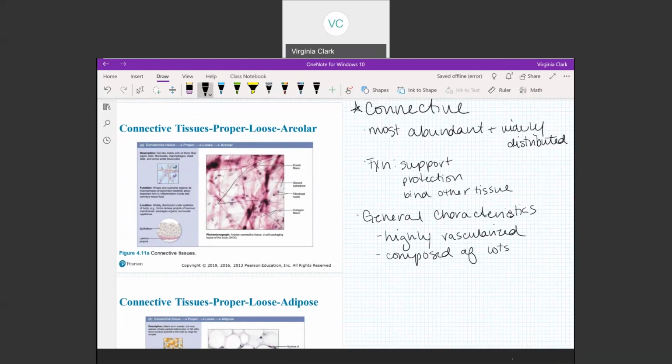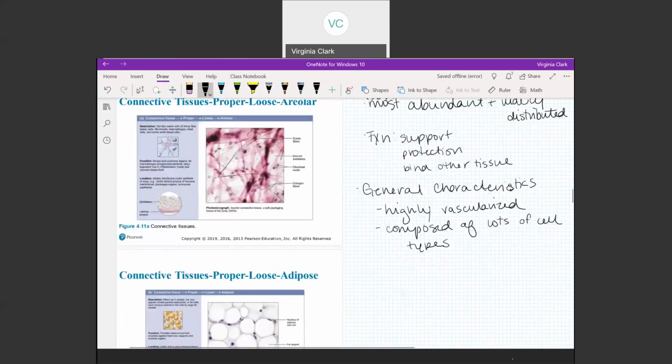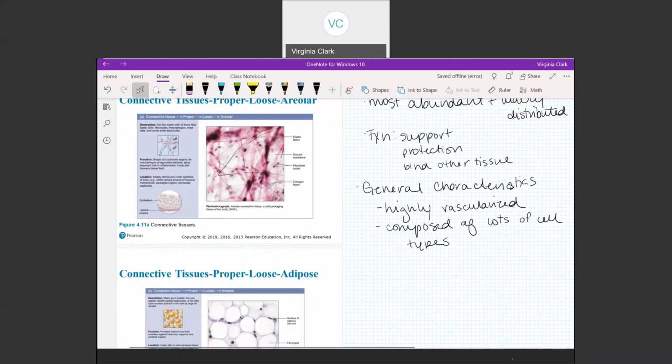In epithelial tissue, we talked essentially about simple, squamous, and then the three shapes, so we kind of limited ourselves to how many cell types there are. That is not true in connective tissue. There's going to be lots and lots of different cell types that come together to make up this tissue. And then one thing that's different about this connective tissue is there will be a thing called an extracellular matrix.